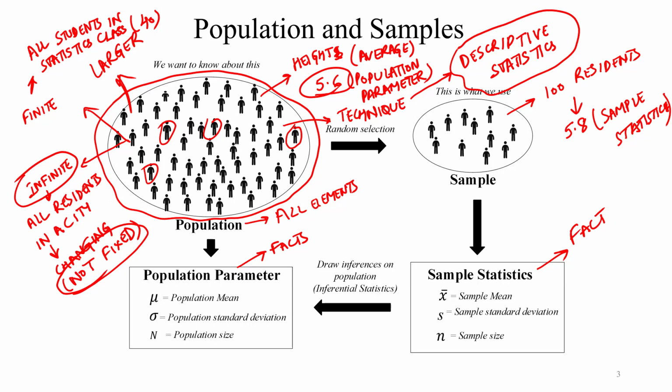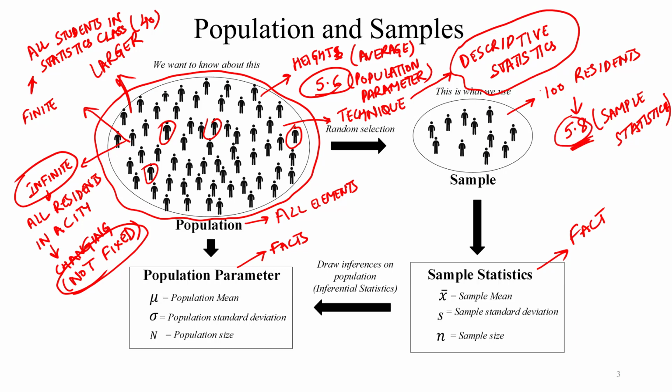Once we get an average height of 5.8, we are more interested in the height of the population, that is, the residents in the city.